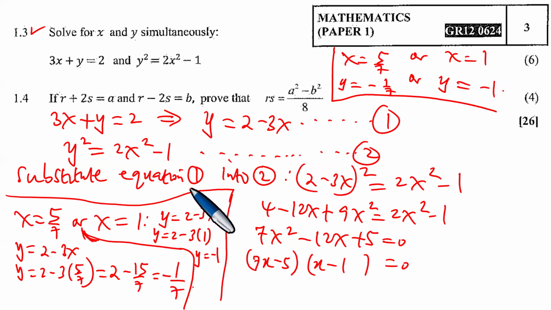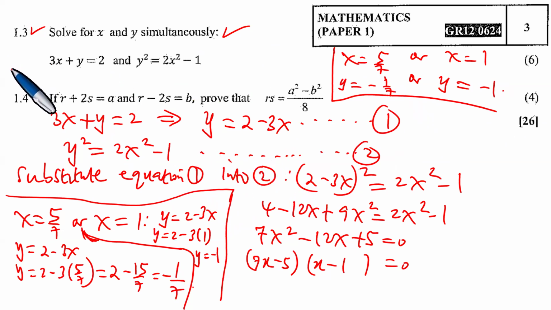These become the answers to this problem. We were given the task to solve for x and y simultaneously, and we conclude with confidence that these are the solutions to the problem.